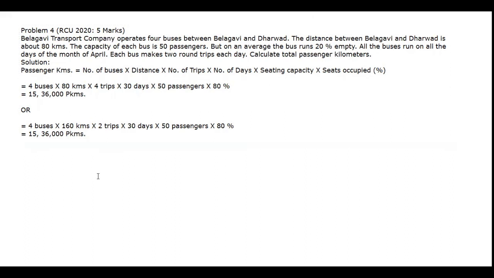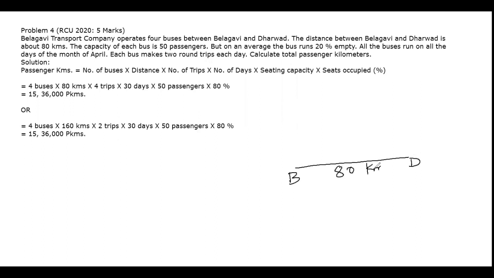So how do you understand this problem? Let me explain this. Many of you will be confused with these 80 kilometers into 4 trips and 160 kilometers into 2 trips. The distance between the 2 cities, Belgaum and Dharwad, is 80 kilometers.